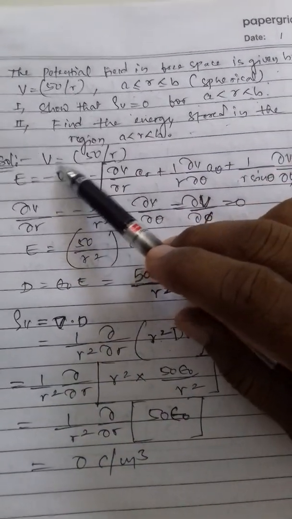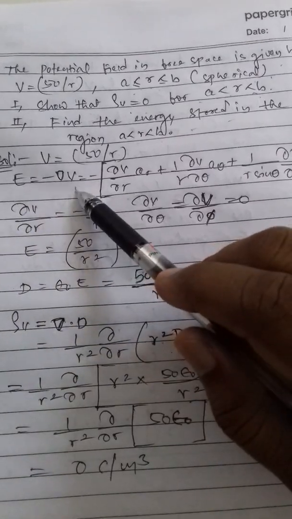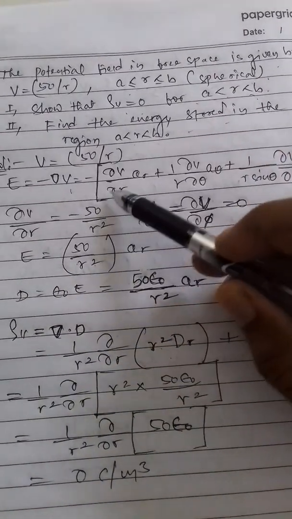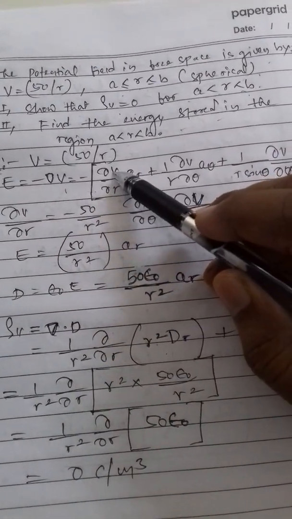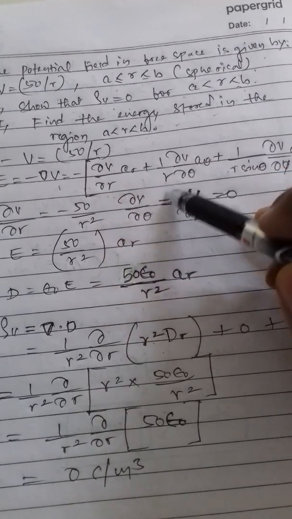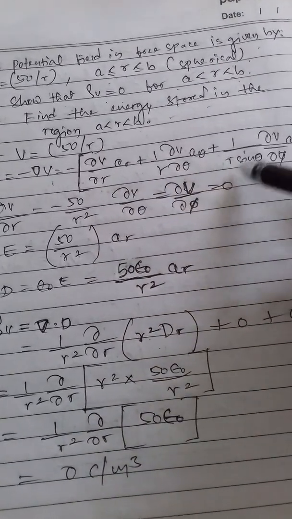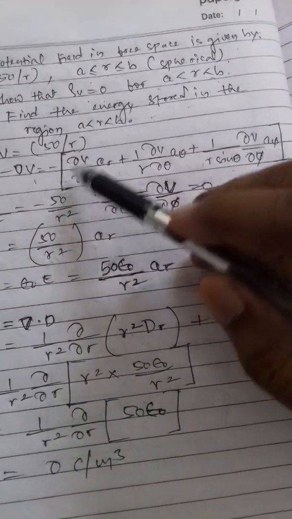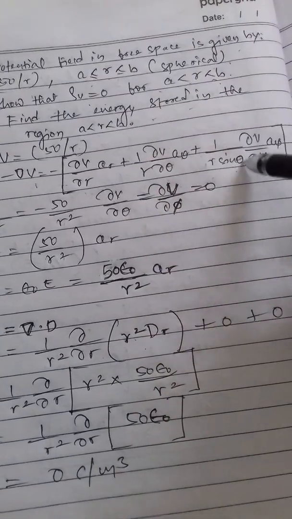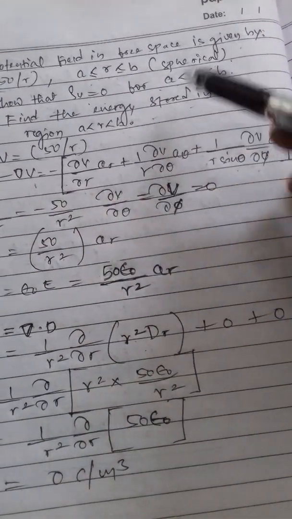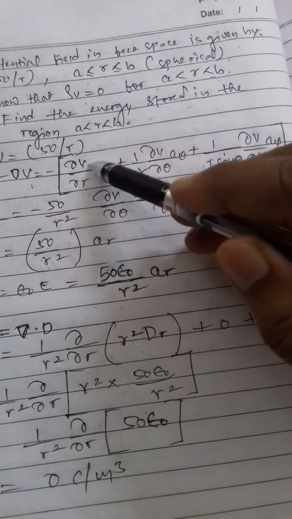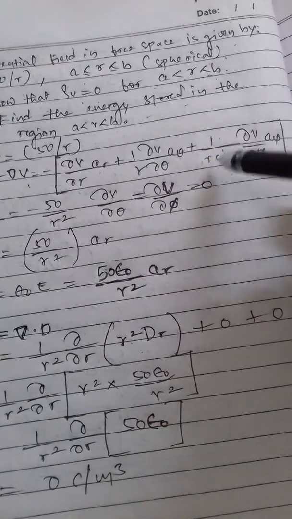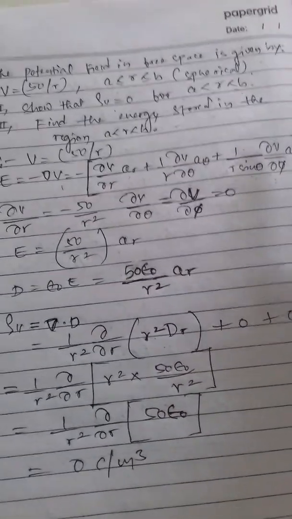For that, here the potential is 50 upon r, and E is equal to minus del V. It is given in spherical coordinate systems. The gradient of potential in spherical coordinate system is dou V by dou r a_r plus 1 by r dou V by dou theta a_theta plus 1 by r sin theta dou V by dou phi a_phi.